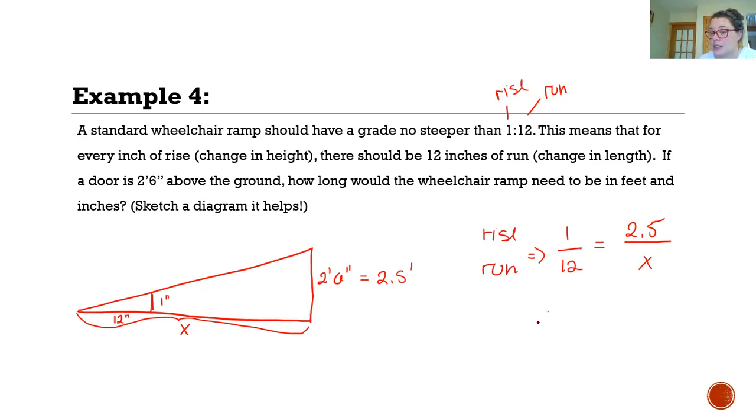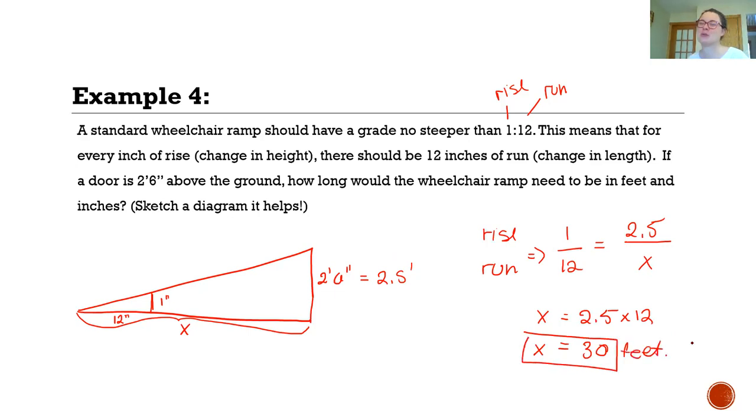So 1 times x is just x. 2.5 times 12 happens to give us 30. So x gives us 30. And if I'm a good mathematician, I would say we have 30 feet of run. So pretty easy calculation, not too bad. Hopefully I haven't confused anybody yet.